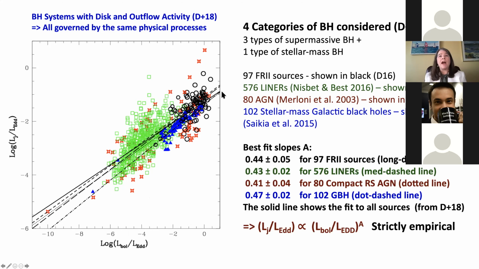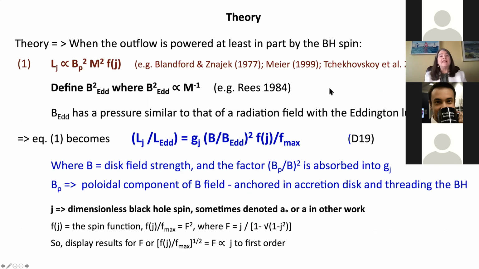However, for the beam power in Eddington units, this cuts off at about 0.1. So the normalization for the beam power written in Eddington units will be 0.1. Now, that's all empirically determined.